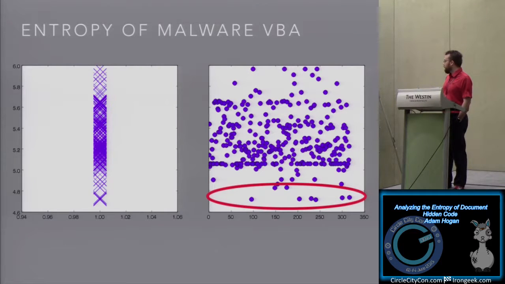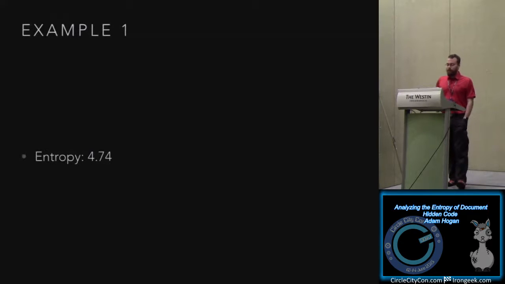This is a couple of standard deviations outside the norm for the malicious code I was looking at. So I grabbed a couple of those to find out, why are these different? What makes them different? The first example came back with an entropy of 4.74, which is quite a bit outside the threshold I'm using to determine whether it's randomized.